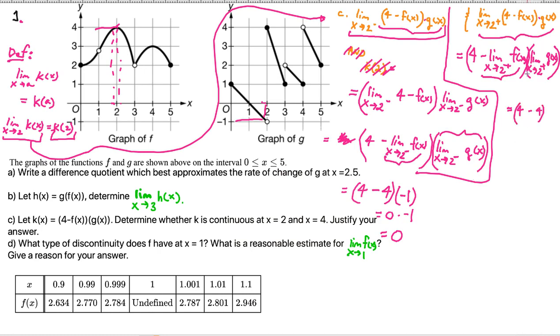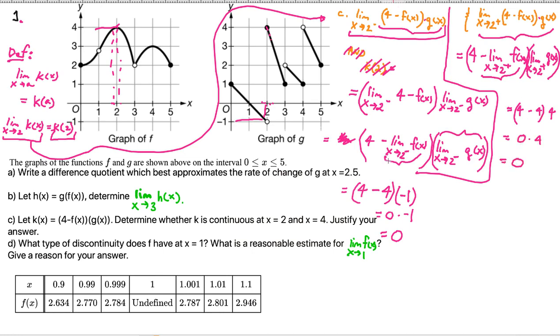And then, as I get closer and closer to 2 from the other side, I'm getting closer and closer to 4 along g. So now I'm getting closer and closer to 2 from the right. I'm getting closer and closer to 4. So I get 4 minus 4, which is 0, and then 0 times 4 is 0.